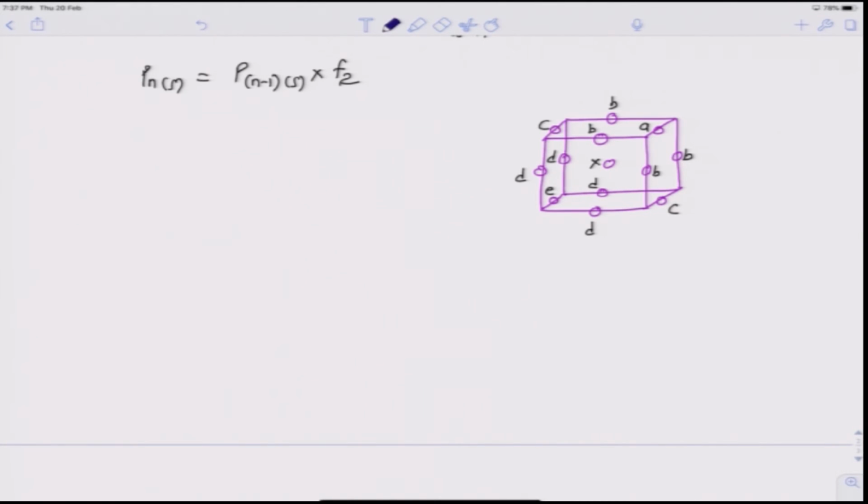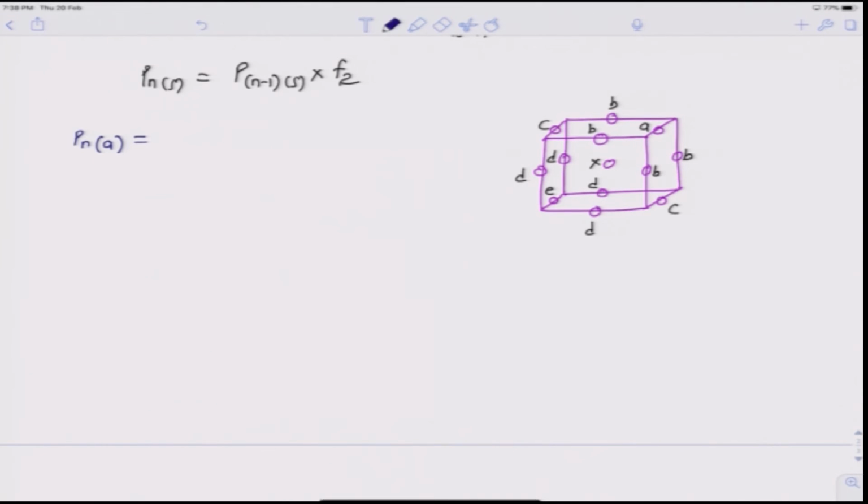So, we need to consider only those jumps of the vacancy which are onto the nearest neighbor of X. So, if we want to evaluate P n of A, that is the probability that the vacancy after making n jumps will arrive at site A, then it is the probability that the vacancy will, after n minus 1 jumps, arrive at any one of the common nearest neighbor sites of x, and here the common nearest neighbors of A and x are 4 B type of sites.